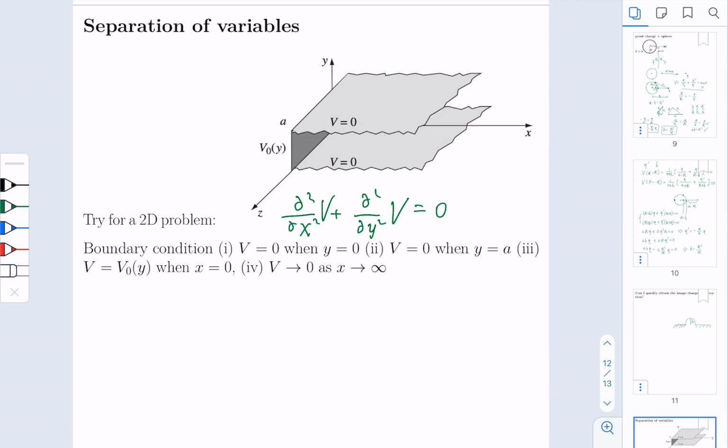And also this one particular boundary condition is a powerful boundary condition, in that the boundary condition on the left can be an arbitrary function of y.